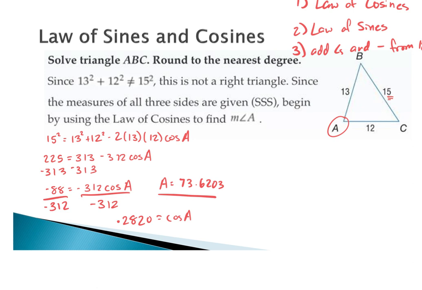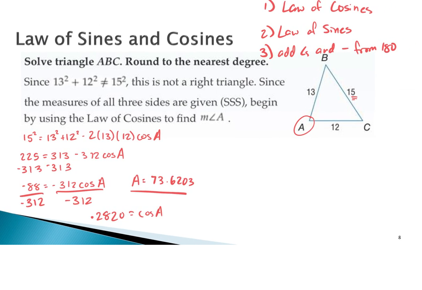All right, next up is I'm going to use that information and plug it into law of sines. And again, you can do law of cosines again if you wish. I do not wish. So I'm going to find B for no other reason than it's B. So I have sine of 73.6203 over 15 is equal to sine of B over 12.